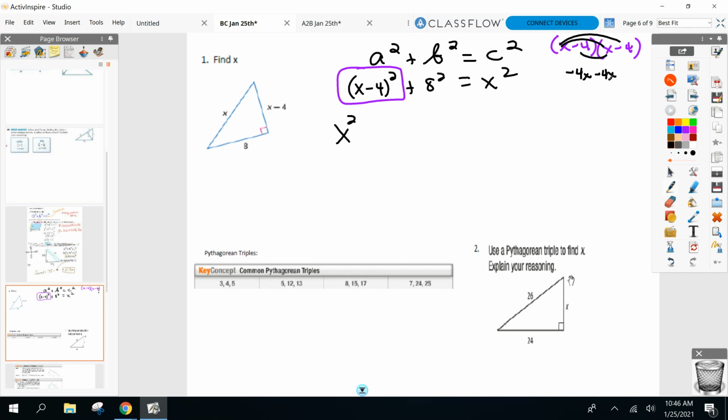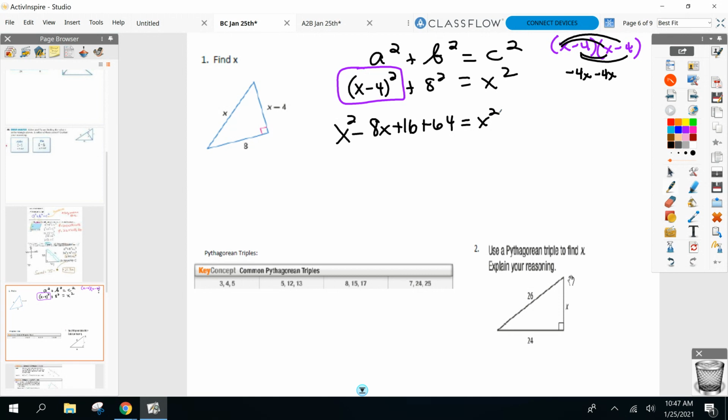Negative 8x. And then what's negative 4 times the negative 4? Positive 16, all right? Everyone okay here? Double distributing? Where that came from. All right, I still got plus 64 equals x squared.